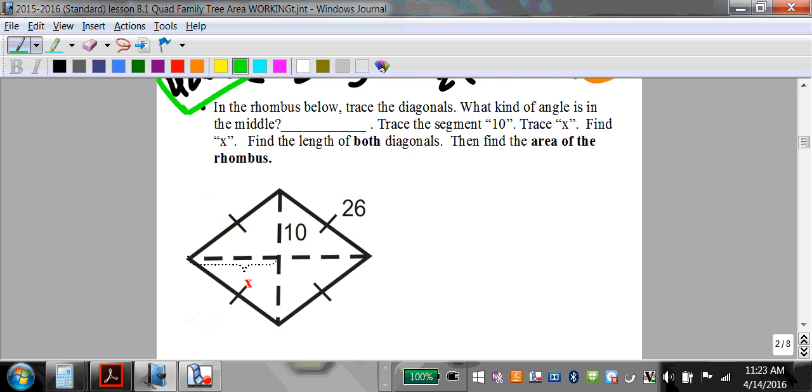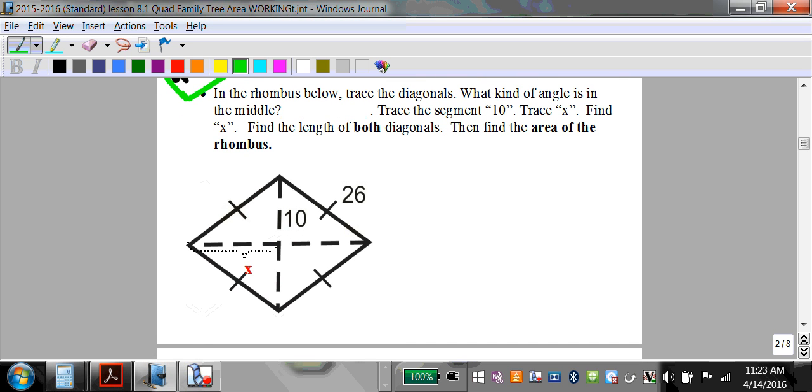Okay, last one. This is a rhombus. Step number 1, I'd like you to write out the rhombus equation. Go. Now we're going to physically trace the diagonals.